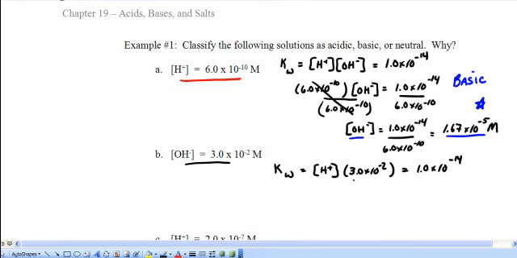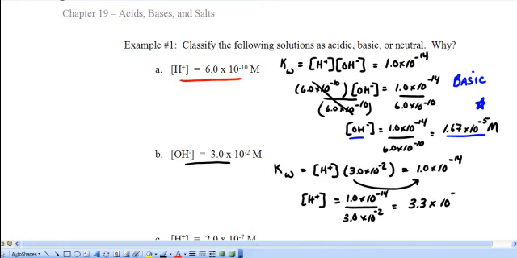If I divide this over to the other side, I'll be left with hydrogen equaling 1.0 times 10 to the negative 14 divided by 3.0 times 10 to the negative 2. And when I perform that calculation, I get 3.3 times 10 to the negative 13 molar.